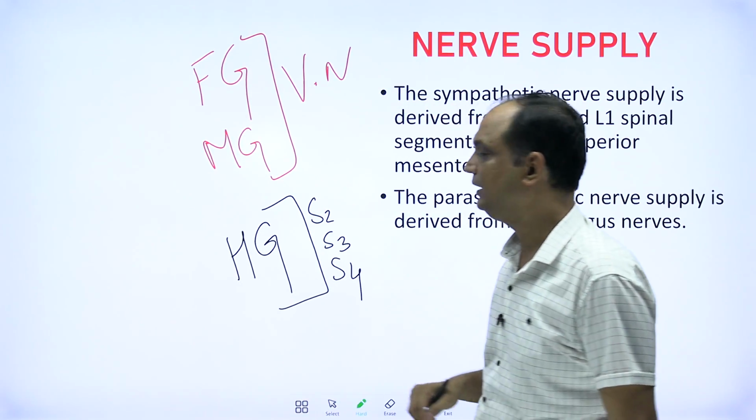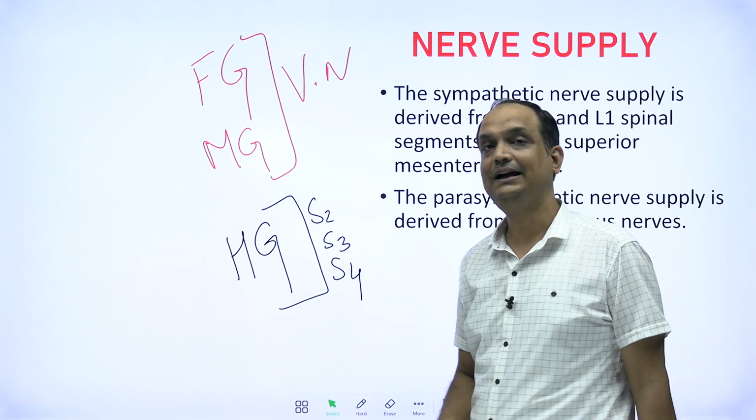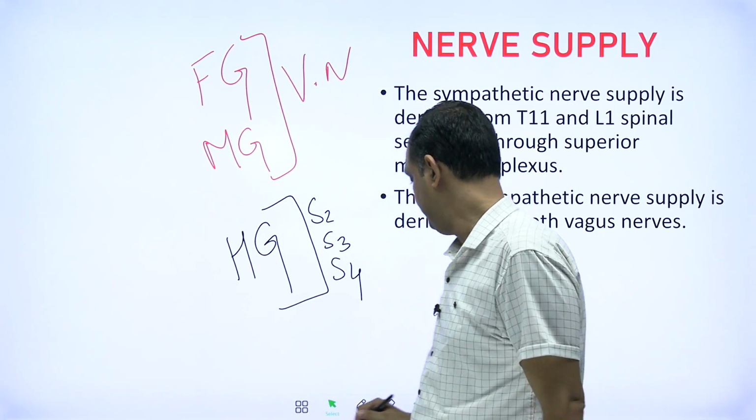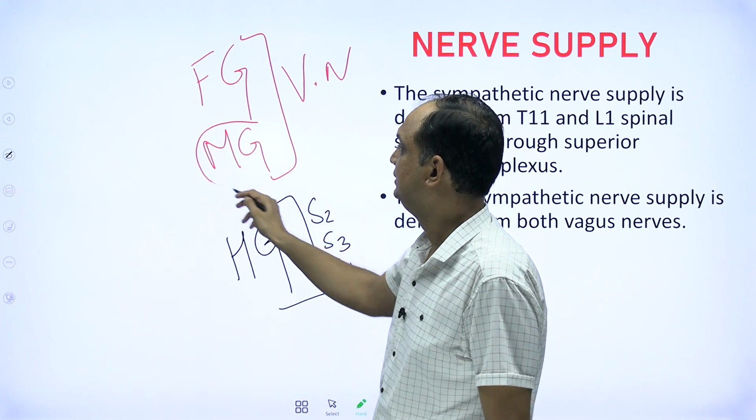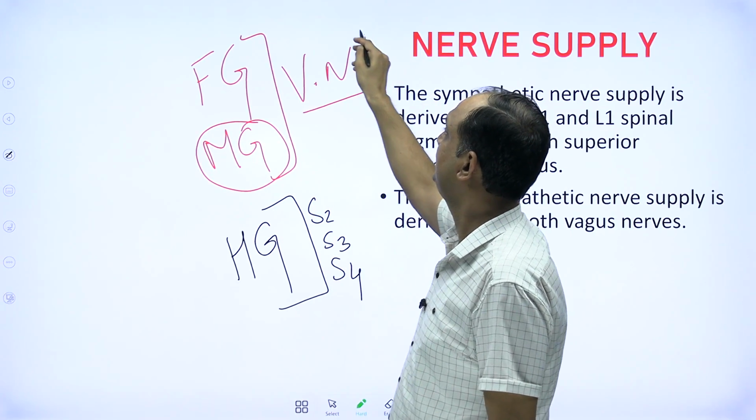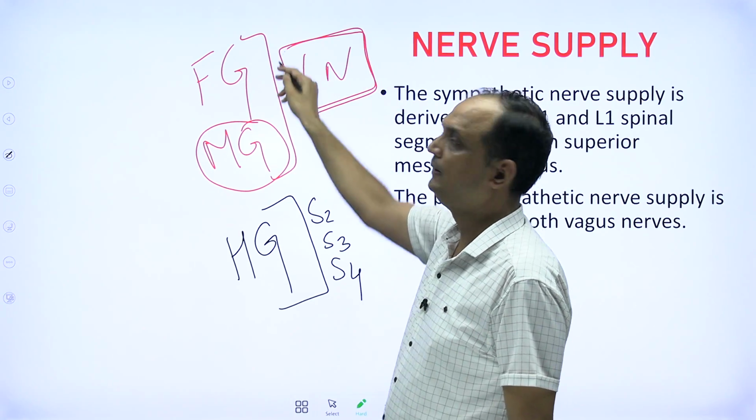This is the important thing you have to understand. We are talking about the cecum, which comes from the midgut. That is why the parasympathetic supply comes from the vagus nerve.